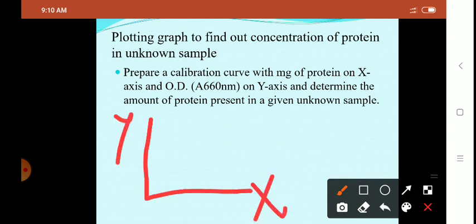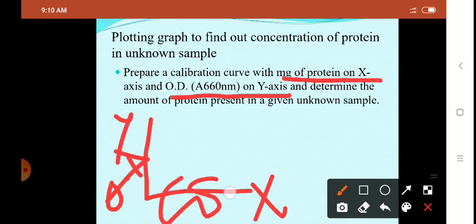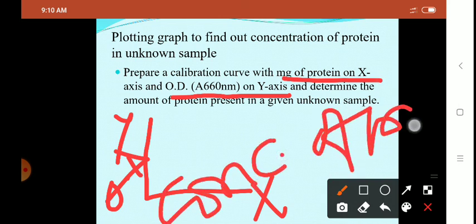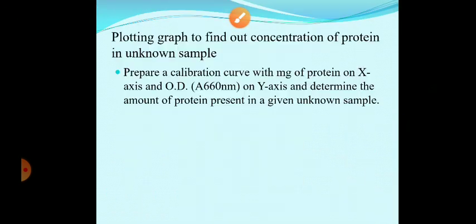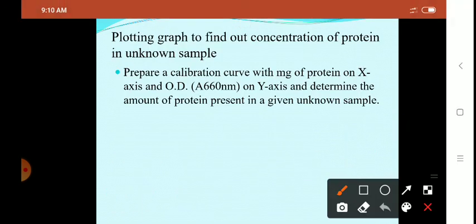On the y-axis, you will plot absorbance, which is also called optical density, and on the x-axis you will plot milligram of protein, meaning concentration of protein.